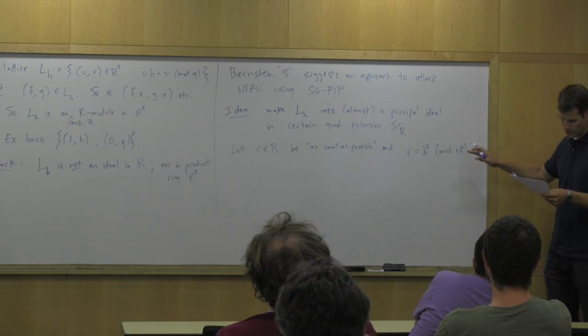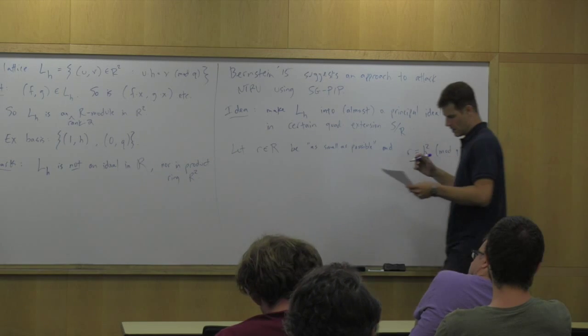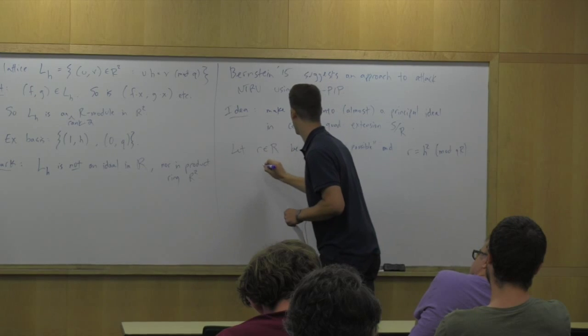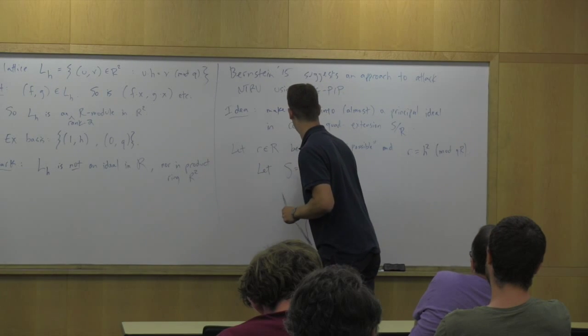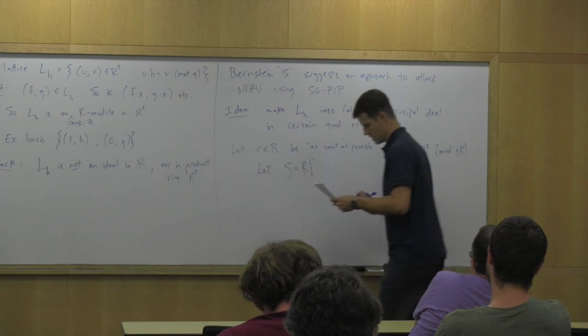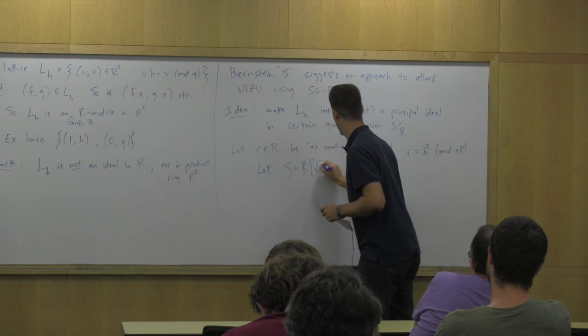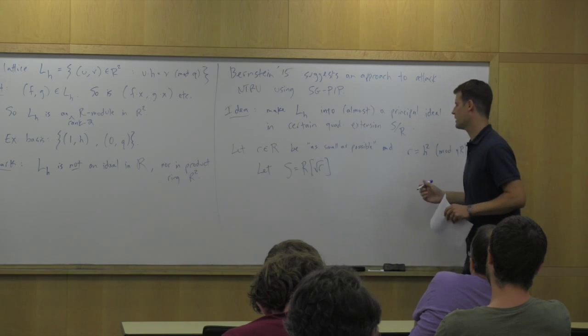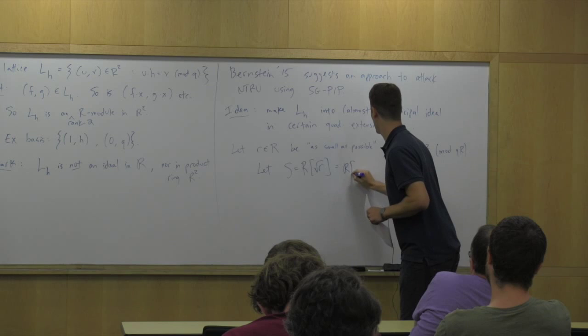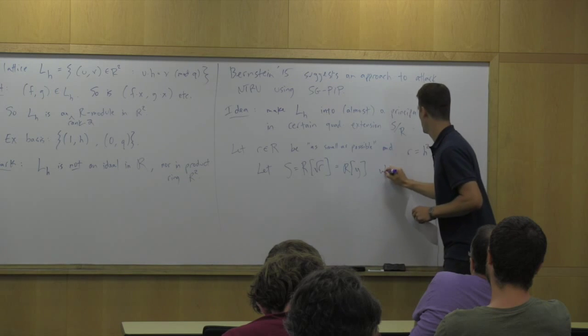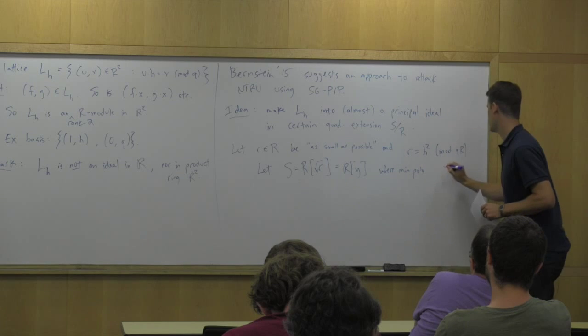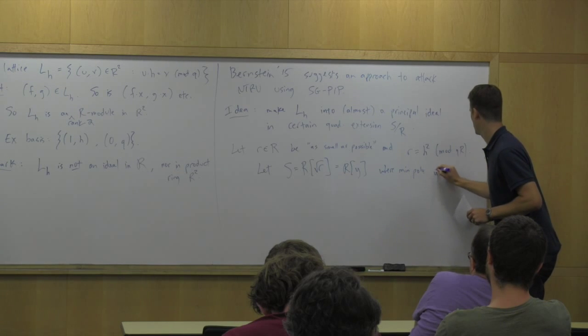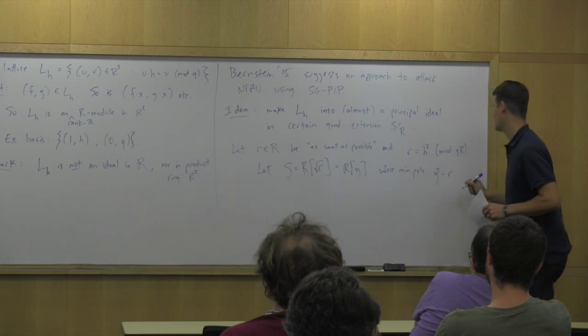This is not the only thing you can do. So for example, or well, let me just say we'll let S be the ring R adjoin square root of r. Or equivalently, call it R adjoin Y, where the minimal polynomial of Y is Y squared minus r.